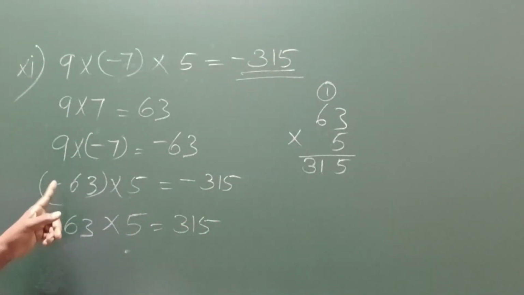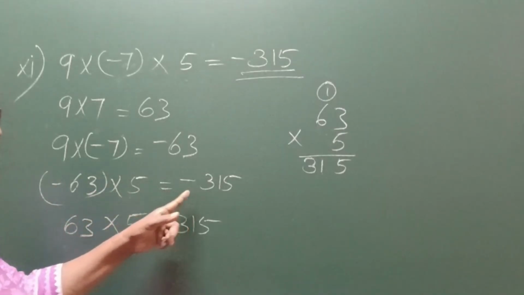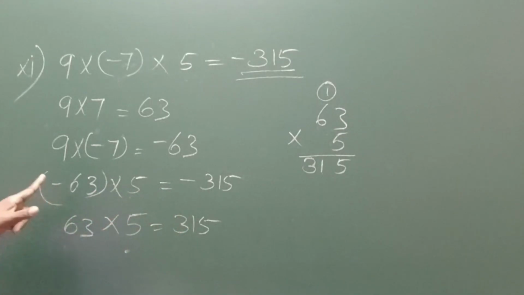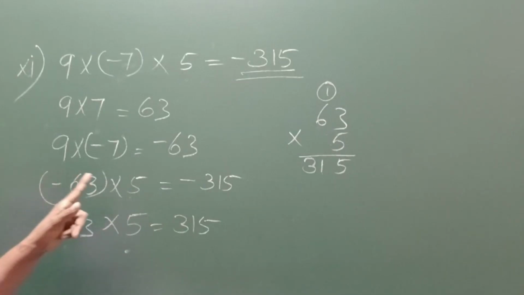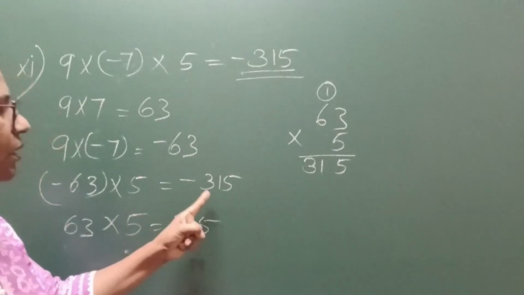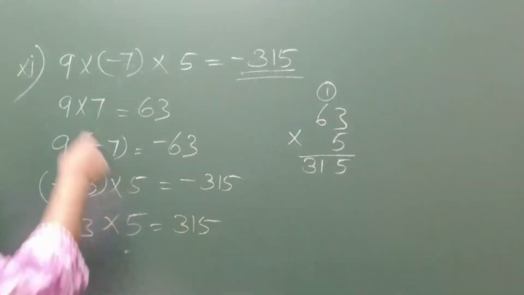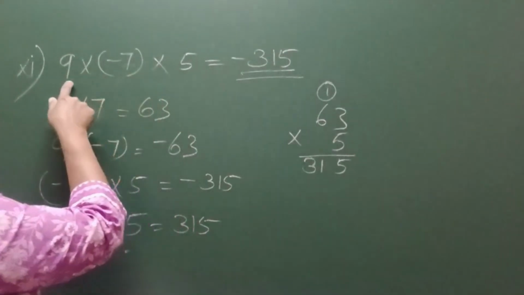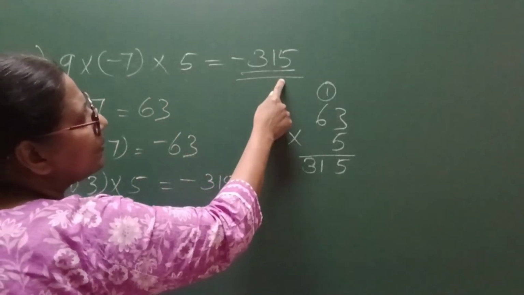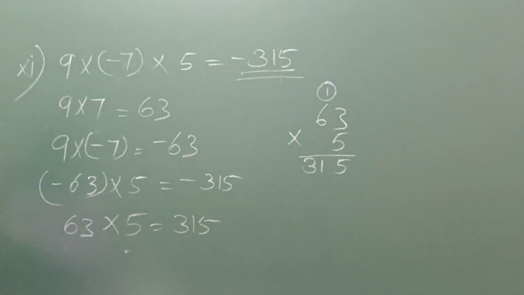Then minus 63 into 5 is equal to minus 315. Did you understand that? One is a negative integer, so we have to give the negative sign to the product. That is how here 315 came. So our main question 9 into minus 7 into 5 is equal to minus 315.